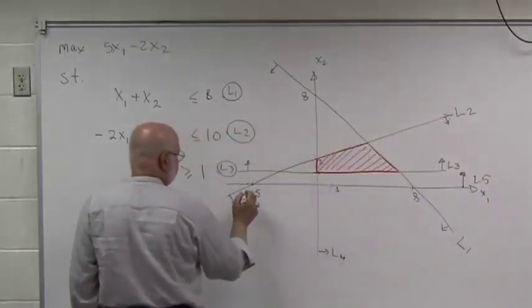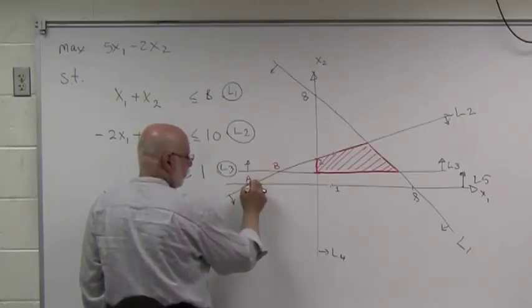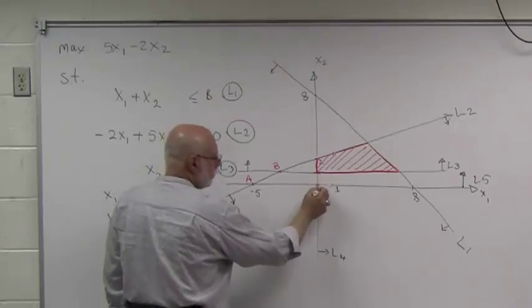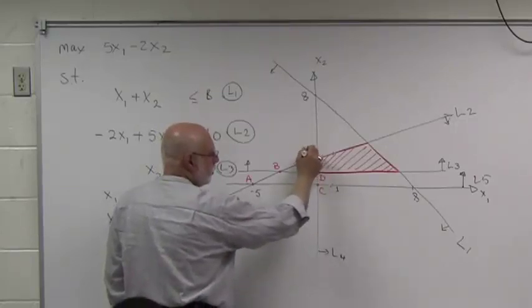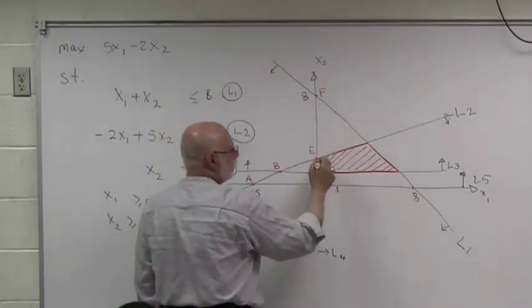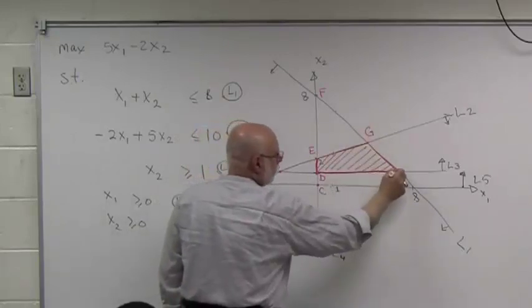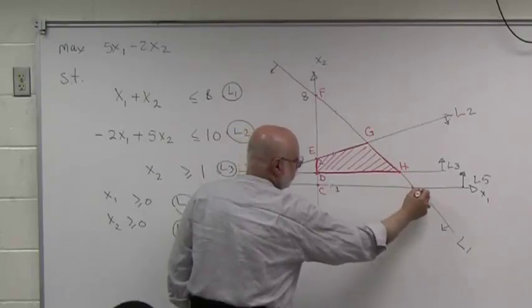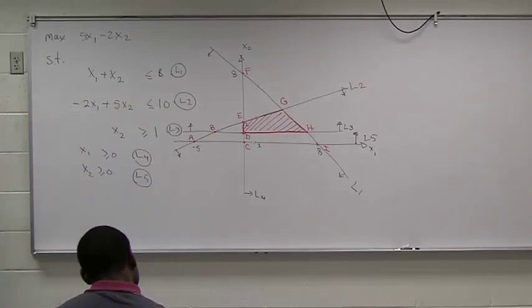I have A, B, C, D, E, F, G, H, I. Do I have any other?